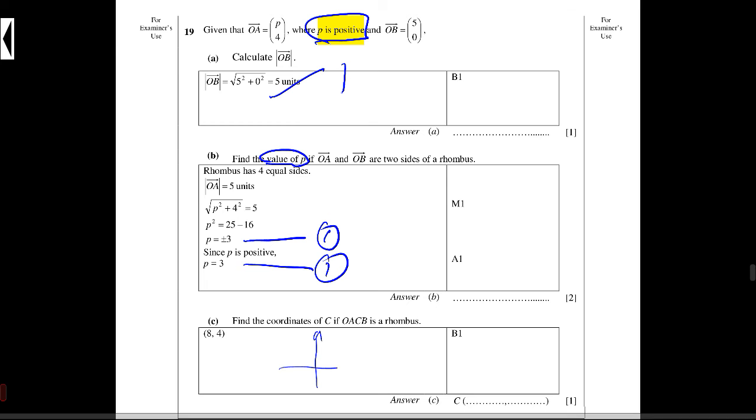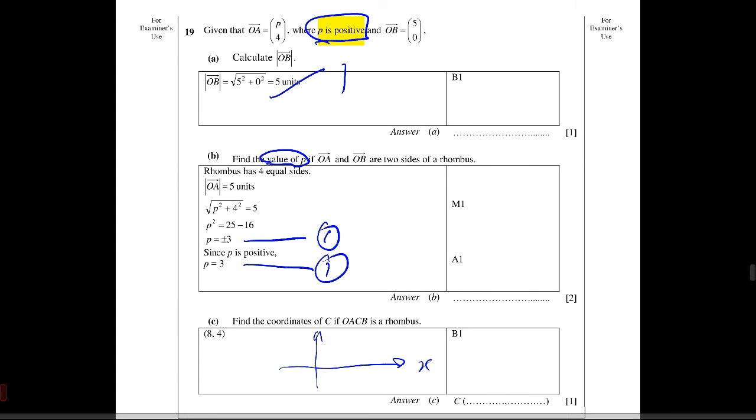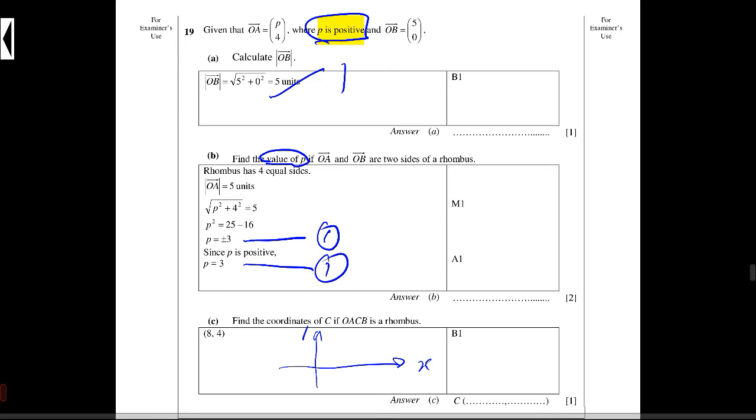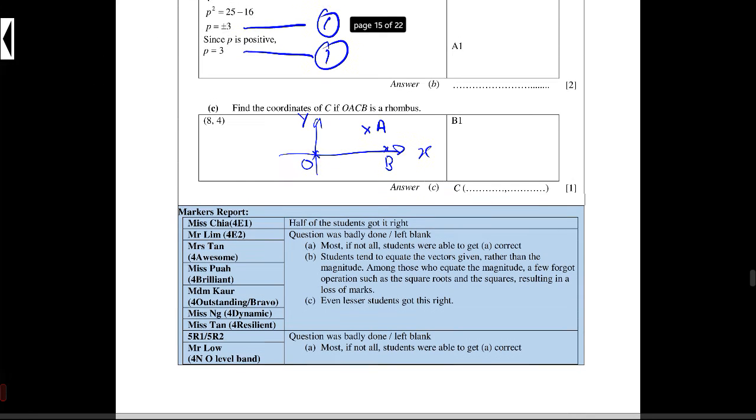You draw an axis, this is X, this is Y. Can stay with me just for a while. P3, so 4, 3, so this is A. 5, 0, this is B. This is C, this is O. Then you want to look for C. Do you know how to do it?